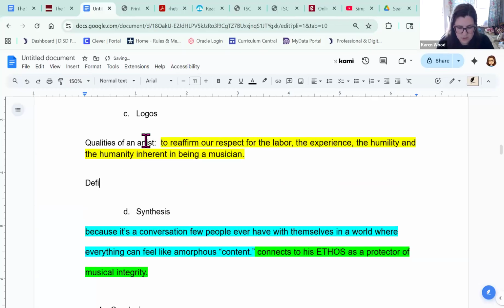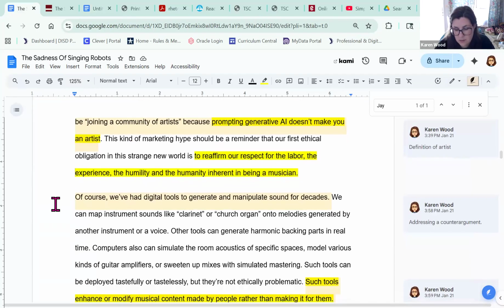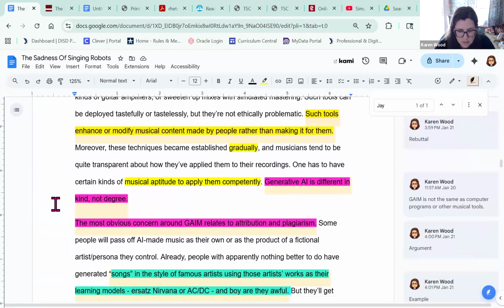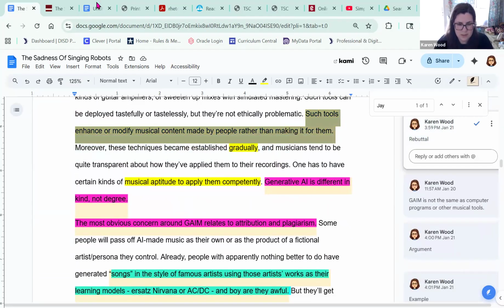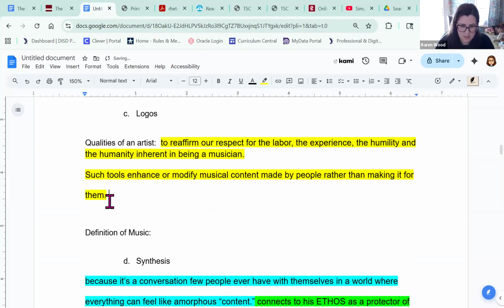I also want to put the definition of music. Now, I did put this one in yellow because this was a key idea, but this is logos because it is a definition. I'm going to put this. This is not a definition, but this is a rebuttal.